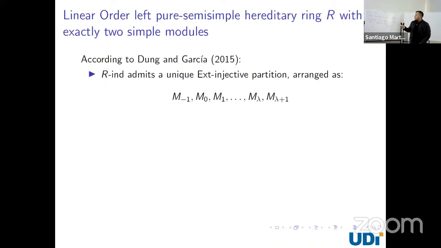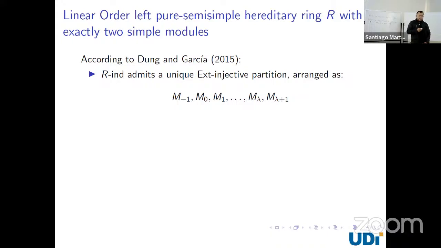So there are many properties about this partition, but when we go to a special case, which is a pure semisimple hereditary ring R with exactly two simple models, then, first of all, since it's a pure semisimple hereditary ring, this ring is going to have an X-injective partition.